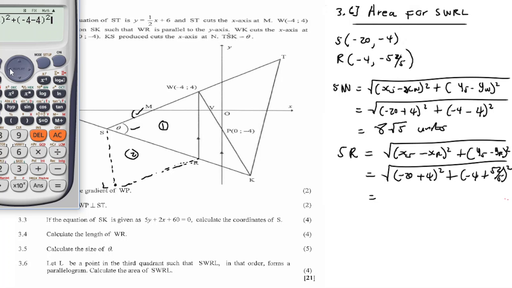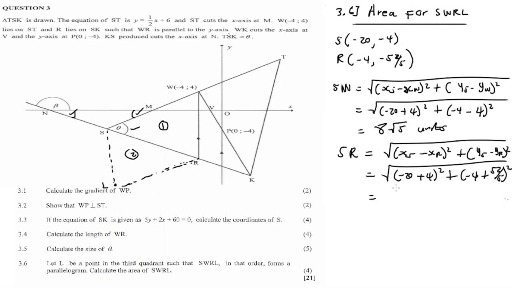Okay, here we will have -4 plus 52 divided by 5. That answer. Okay, I think it's written like that. 16 square root 29 over 5. 16 square root 29 over 5. Is it? Yeah. Okay. Now.